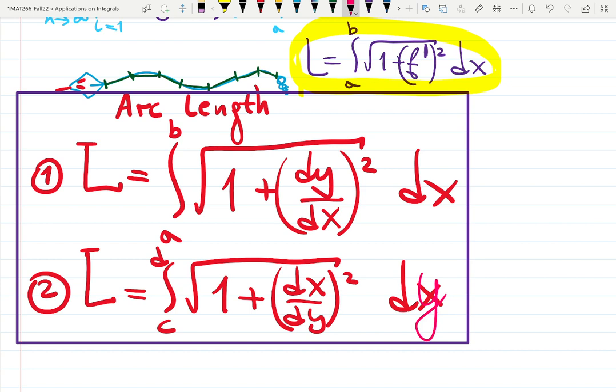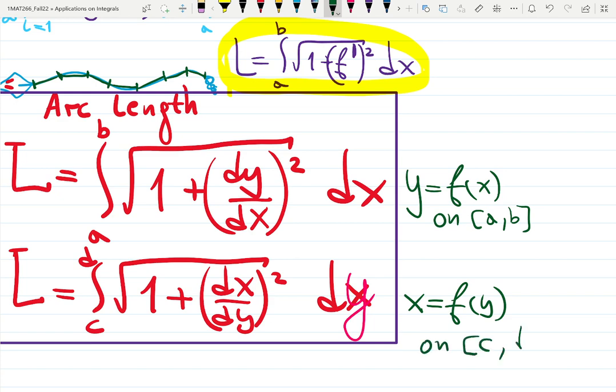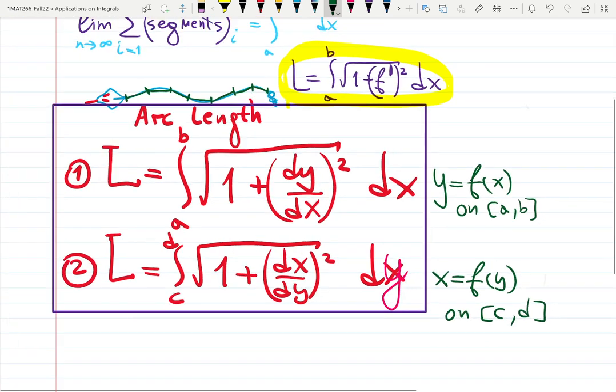So this is case 1 versus case 2. For the first case, y depends on x. It's a function of x, on the interval a to b. For the second case, x depends on y. So x is the dependent variable, and it's happening on c to d. Two cases: case 1, case 2.